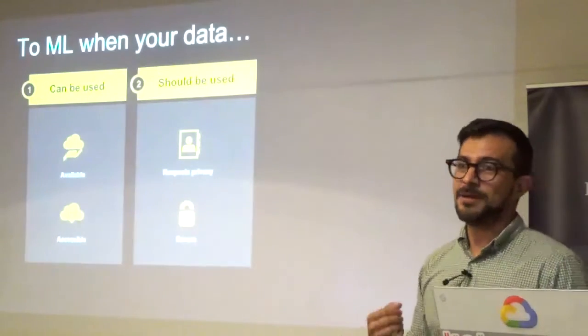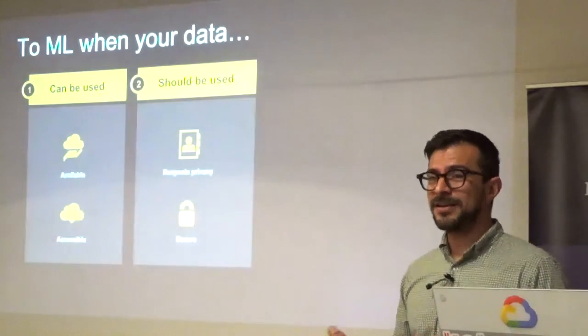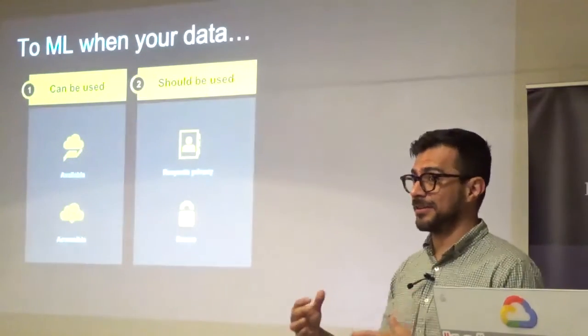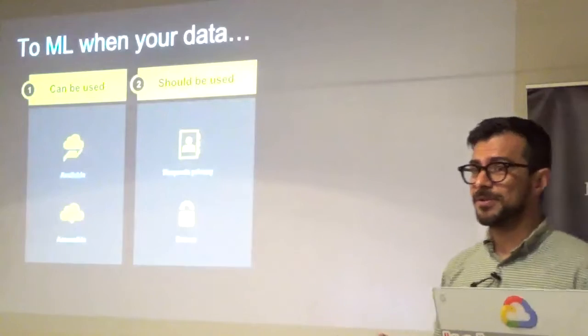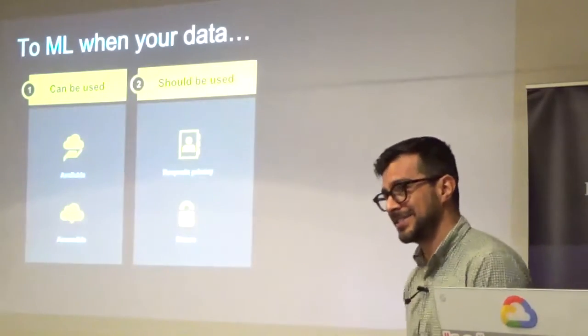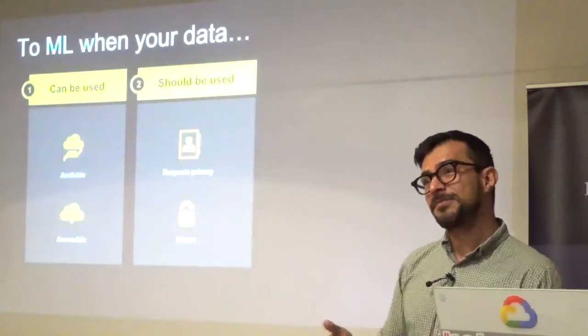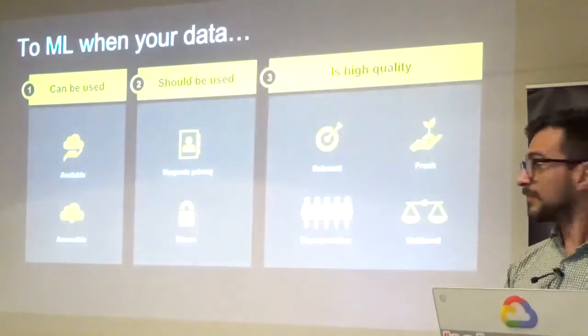Respect privacy and make sure that the data you're using, all through your different pipelines, is secure. You don't want that data to ever be compromised. So if you don't have a secure system to put your data in and to create your models, be careful.